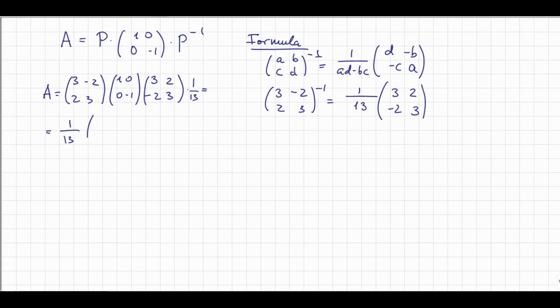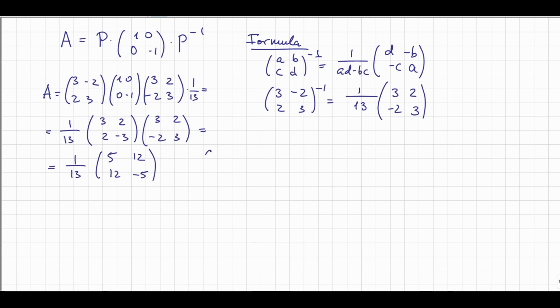Multiply the first two matrices, we get 3, 2, 2 minus 3, and then here 3, 2 minus 2, 3, and the matrix multiplication will give us 5, 12, 12 minus 5, times 1/13.